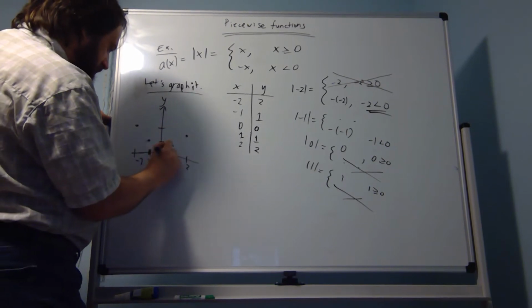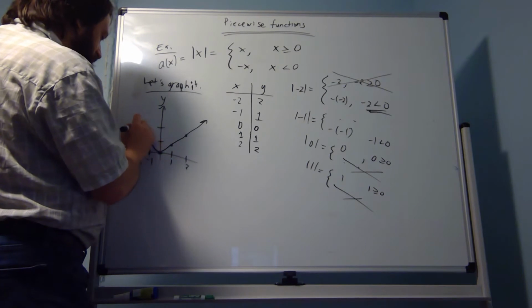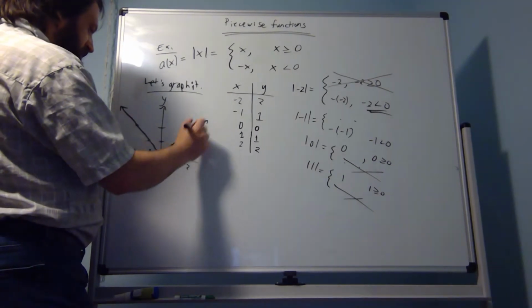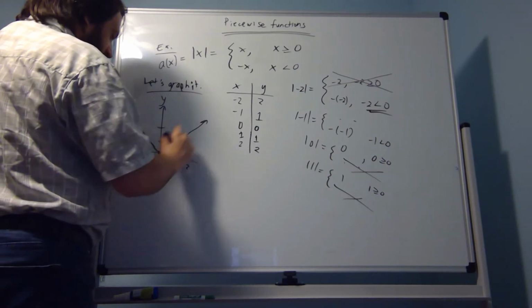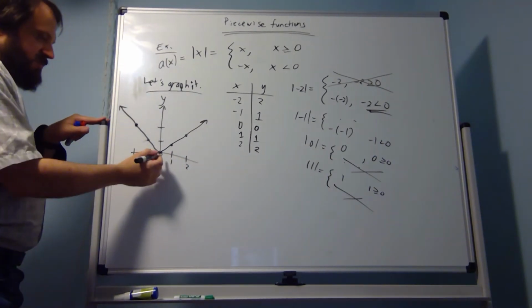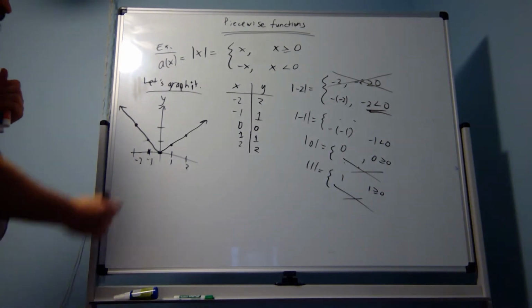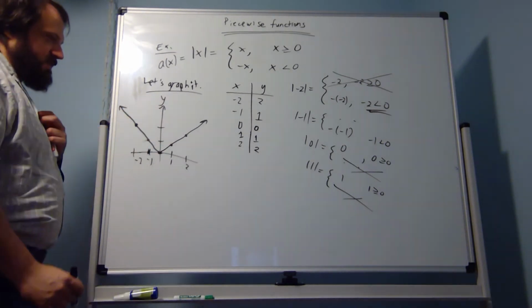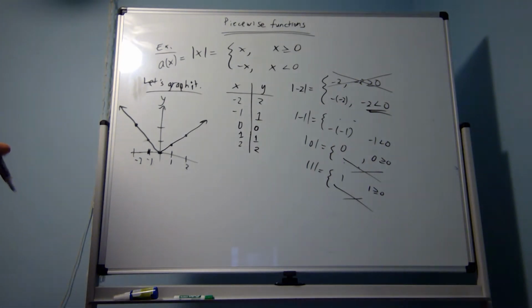It turns out it's actually straight, because it's just (1, 1), (2, 2), (3, 3), and then (-1, 1), (-2, 2). So it's straight. It hits a sharp corner and goes straight back up again, going to the left, kind of like a laser beam. But that's it.